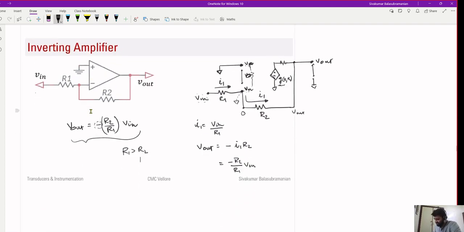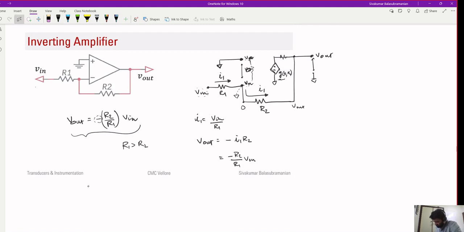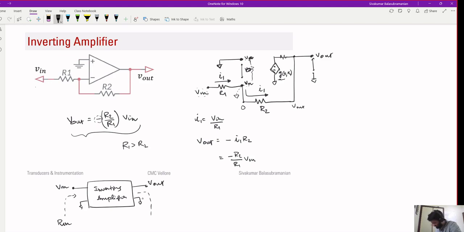Okay. So now, if we consider this whole thing as an amplifier block, and this is the inverting amplifier, now tell me what is R in for this circuit.